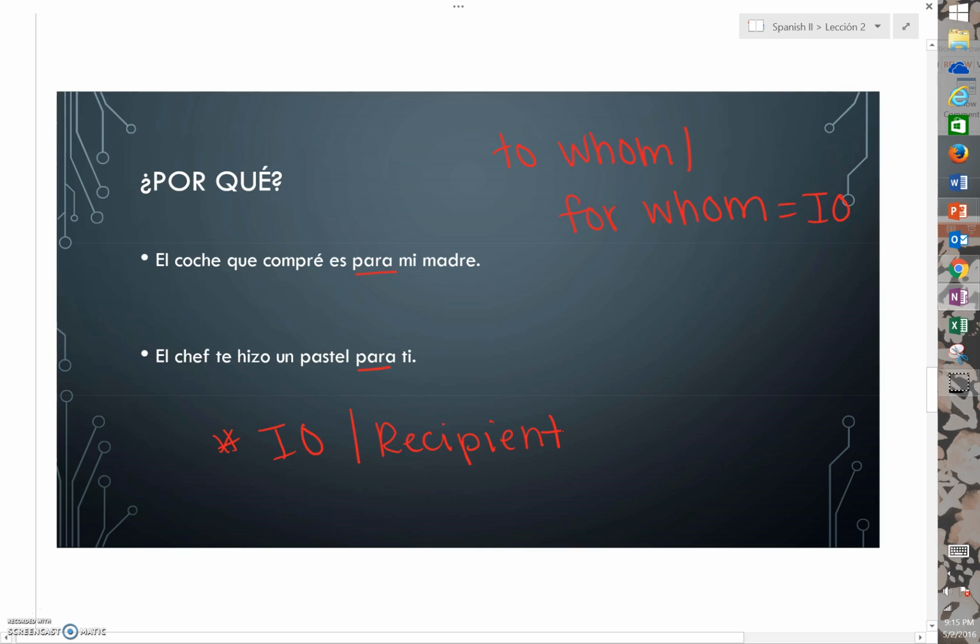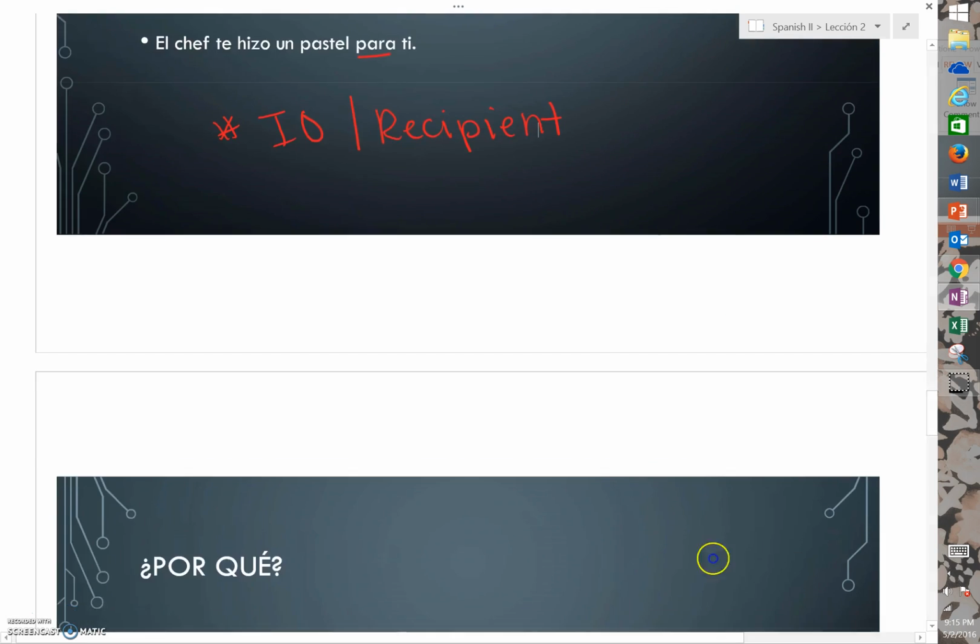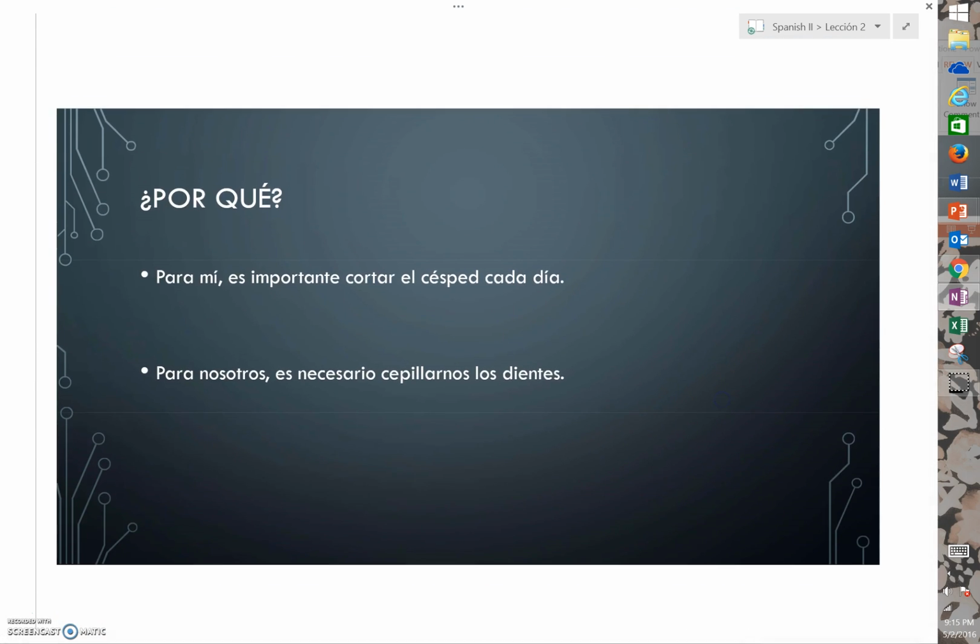Let's look at another use of para. Para mí es importante cortar el césped cada día, and para nosotros es necesario cepillarnos los dientes. Again, read these two sentences, figure out what they're saying, and try to come up with a rule that expresses why para is used in both of them.